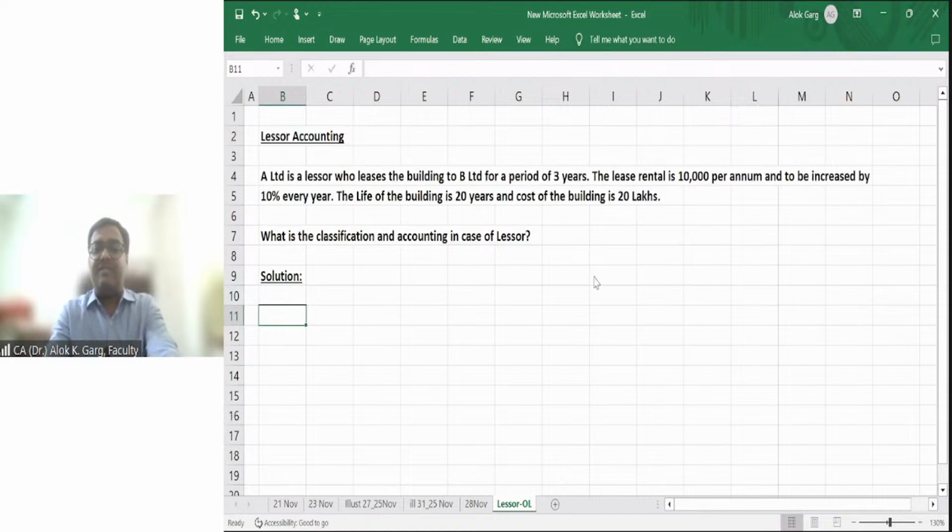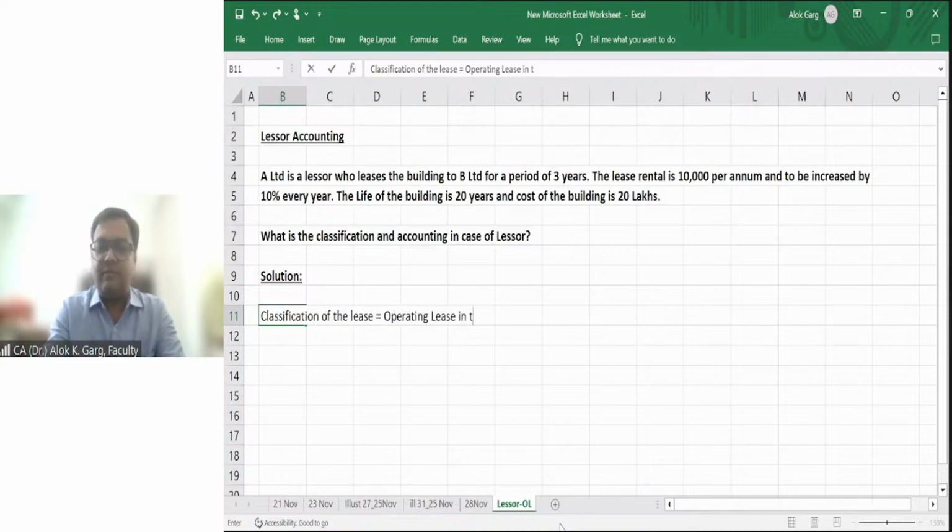What is the classification of this lease? From the perspective of the lessor, is it an operating lease or is it a finance lease? From the perspective of the lessor, it is an operating lease. So the classification of the lease is equal to operating lease, right?